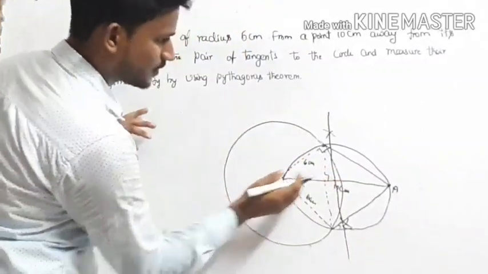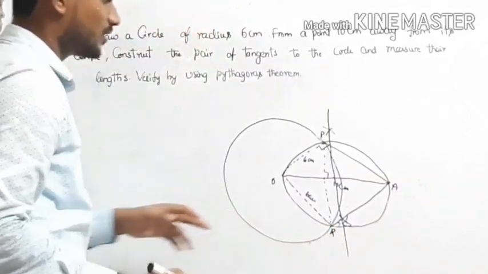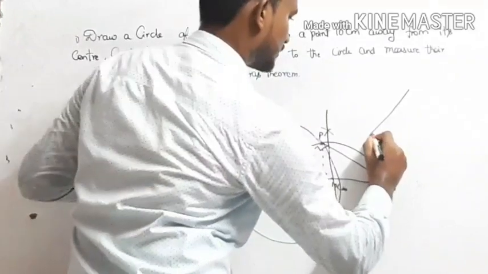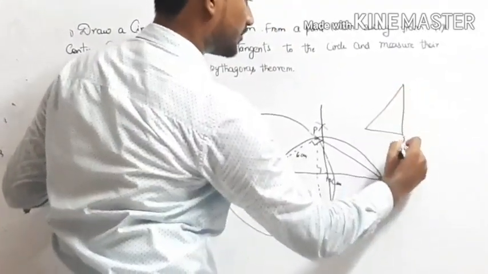If we take OA, this one P, or this one R, we can take it like this. This is the P point.